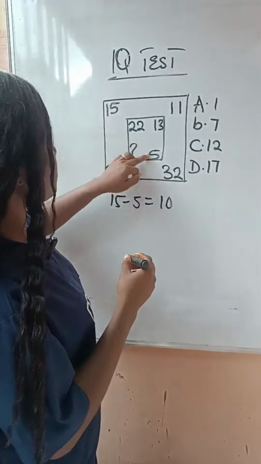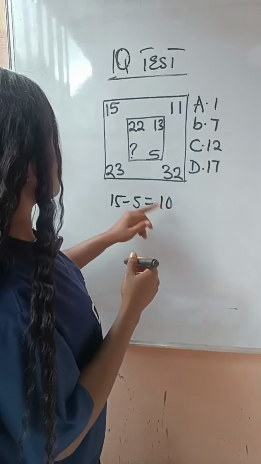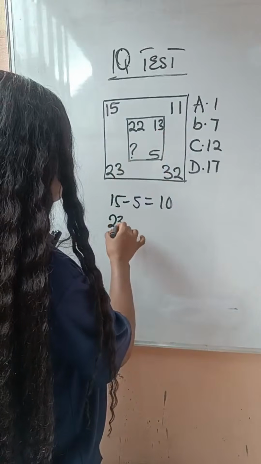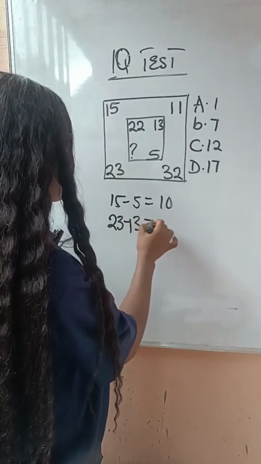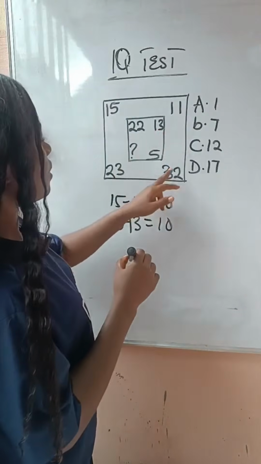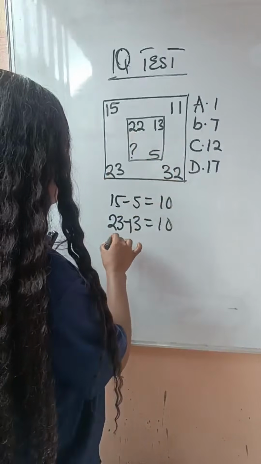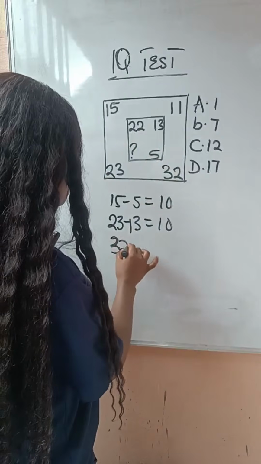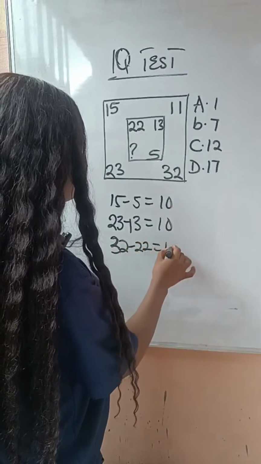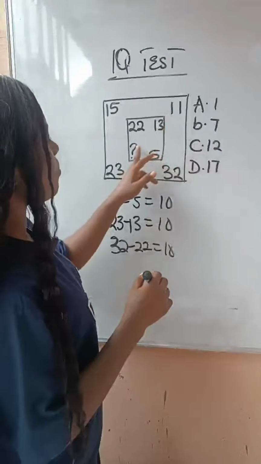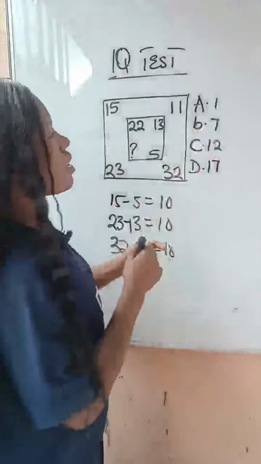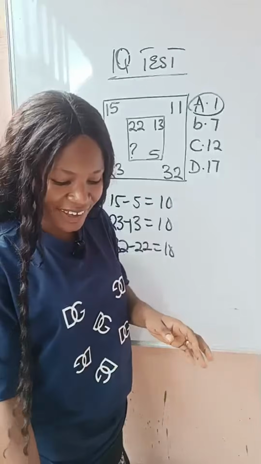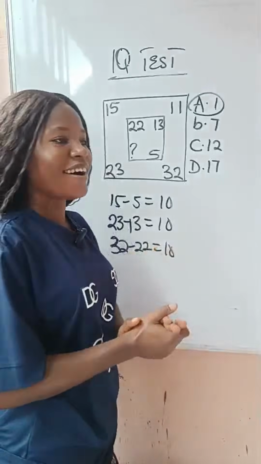So, 15 minus 5 is 10. 23 minus 13 is 10. 32 minus 22 is also 10. So you can see that we need 11 minus what will give us 10. And that is option A. That is 1.